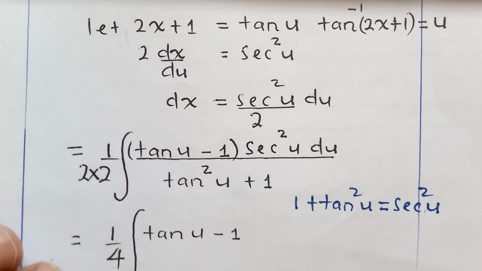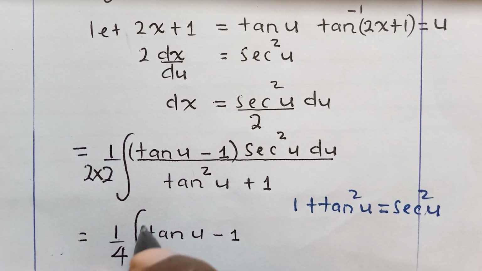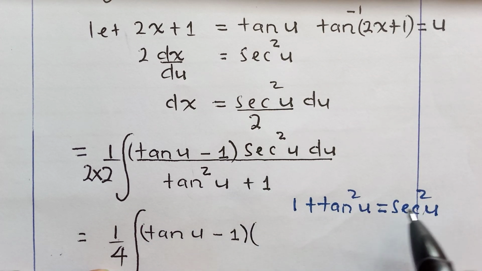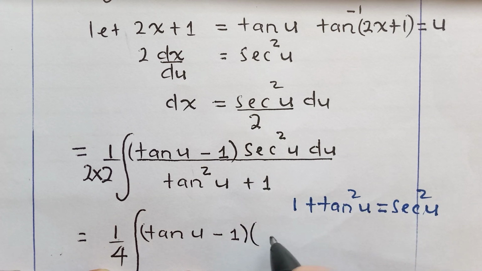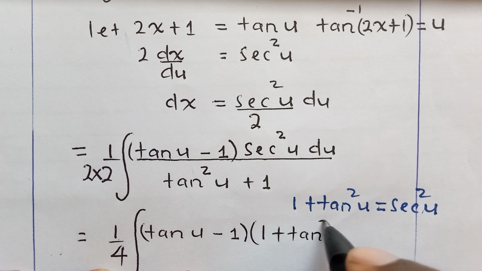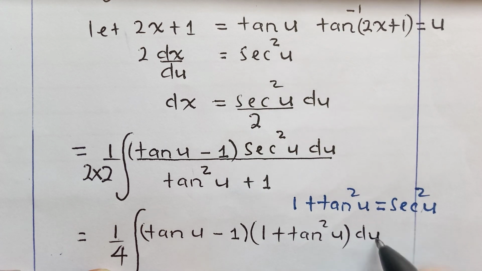And so guys, we can replace that with 1 plus tan squared u. So instead of now writing sec squared u, we write 1 plus tan squared u. And then here we have the du.